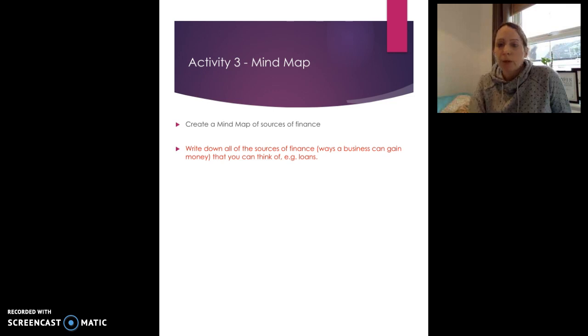So what I want you to do as activity 3, so 1 and 2, as I said, is on the first tutorial relative to costs, but this one is activity 3 and this is relevant to a mind map. So I want you just to think about all the different types of sources of finance or ways that a business can actually gain money. So I've given you an example here. Obviously, one would be perhaps a bank loan. So you may need to access your business.